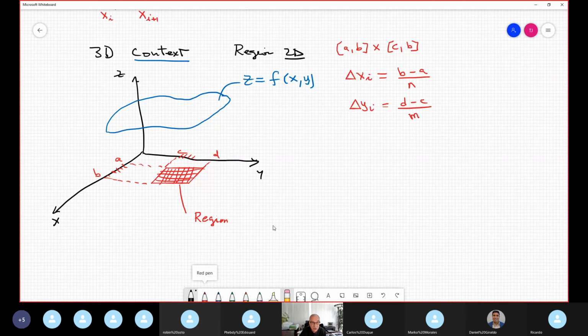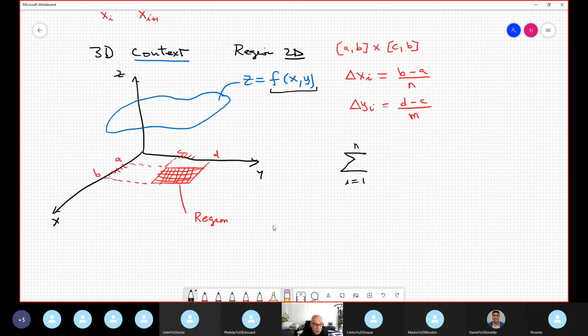Double, because in this case, a double integral. Why double? Because we have to sum twice. The first sum is, whatever, i from 1 to M. And you take the function and evaluate it at a specific point.